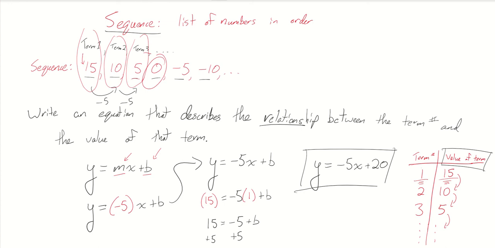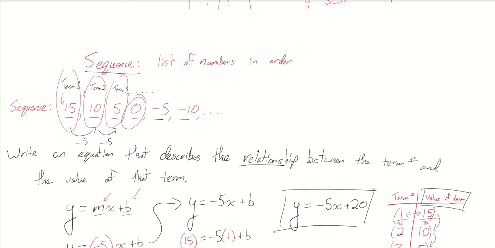Position number 1 in the sequence was value 15. Position number 2 was value 10. Position number 3 had a value of 5, and so on. The relationship between the position in the sequence and the actual number value of that term is completely described by this equation.